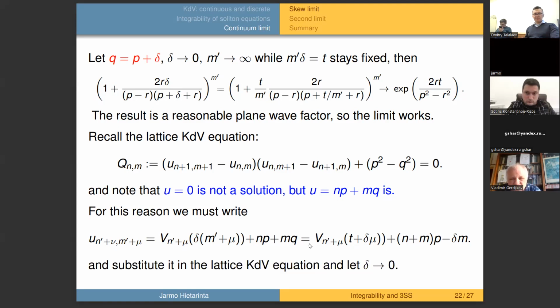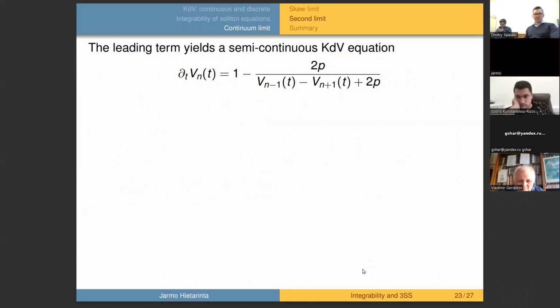So we substitute this into the above KdV equation, this part, and then we expand in delta. If you do the calculation, you find that the leading term gives this result. This is a semi-continuous KdV equation, already known.